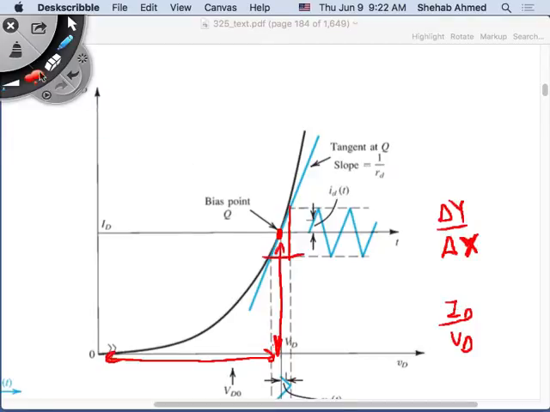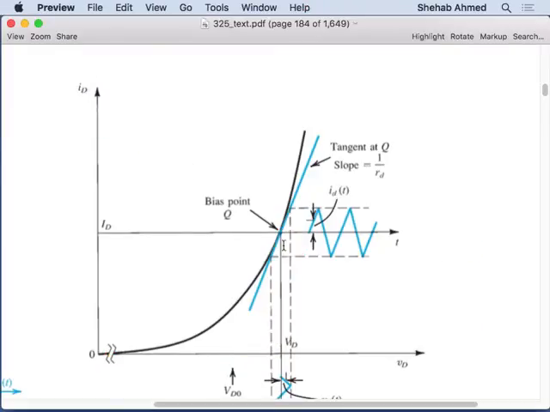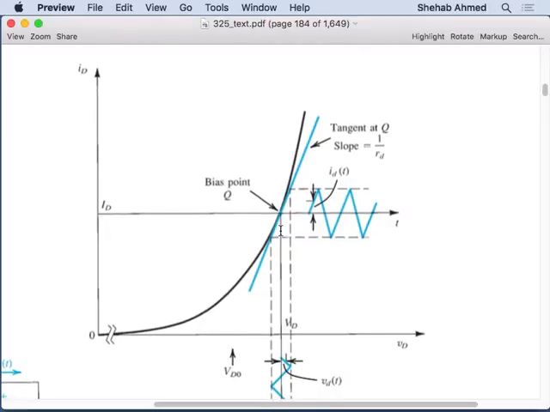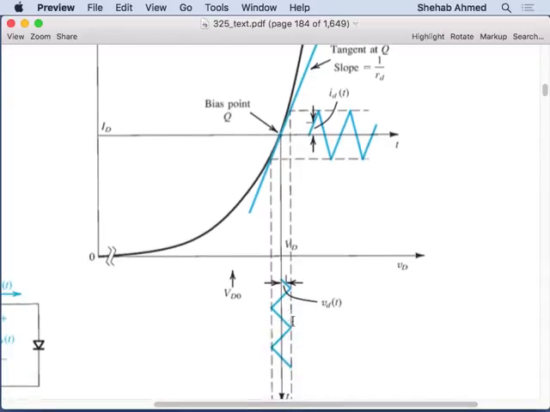Hence we said that we can model this diode for the small signal. Again, it's limited to small signals, meaning the ripple voltage that I'm applying at the input has to be less than or equal to 5 millivolts, because V over VT has to be smaller than 1.